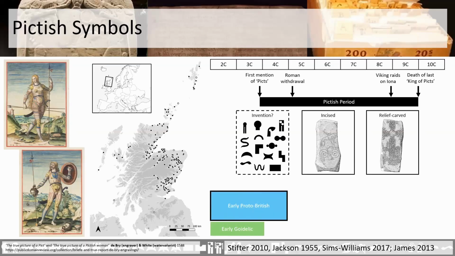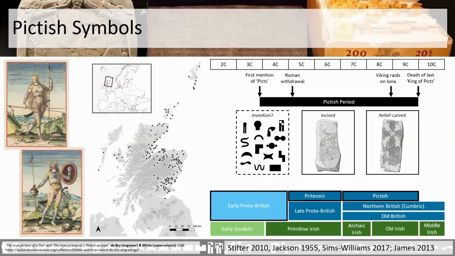The language varieties that were around at the time, in the 2nd, 3rd, 4th centuries, we're really talking about an early Proto-British variety. In the 5th and 6th centuries, some people refer to Britannic being a kind of variety of late Proto-British that's minimally differentiated, and that eventually results in the Pictish language between the 7th and 9th centuries.